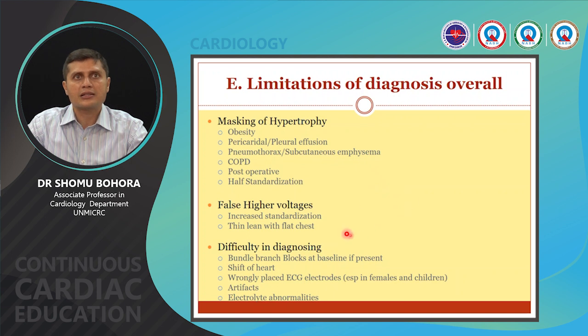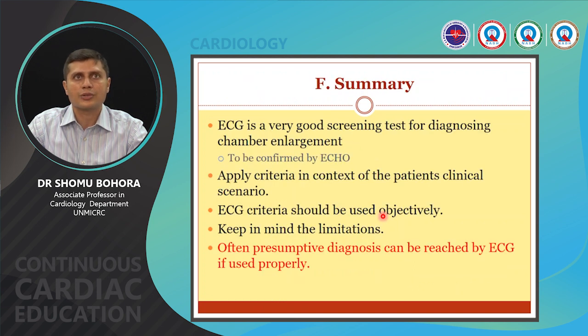Higher voltages are generally seen only in increased standardization or in thin lean patients with a flat chest. Difficulty in diagnosing LVH or atrial enlargement is because of bundle branch blocks, a shifted heart, or sometimes wrongly placed ECG electrodes. Sometimes artifacts and electrolyte imbalances also can mask the diagnosis.